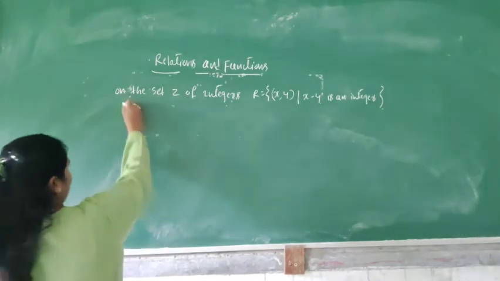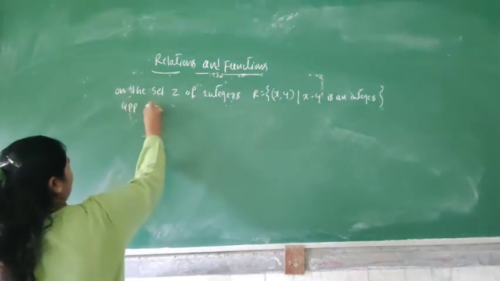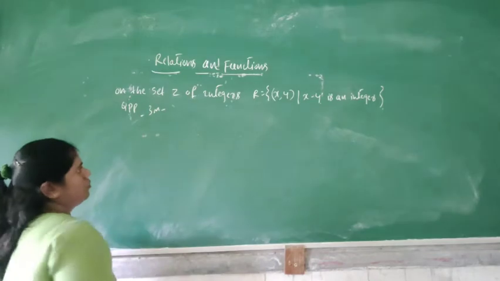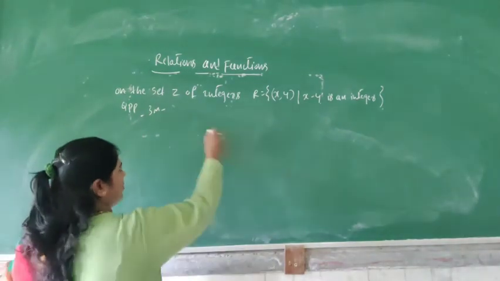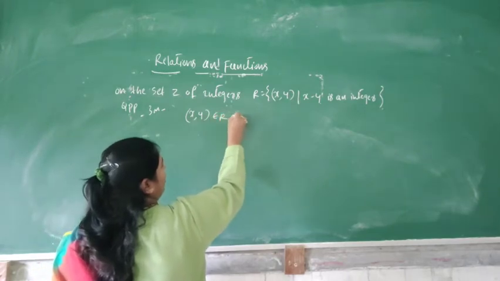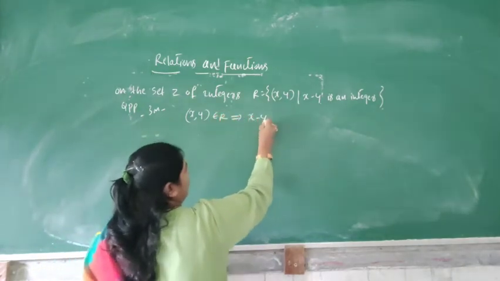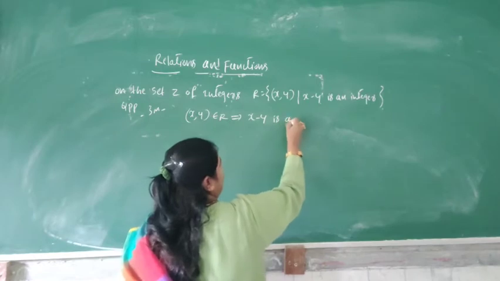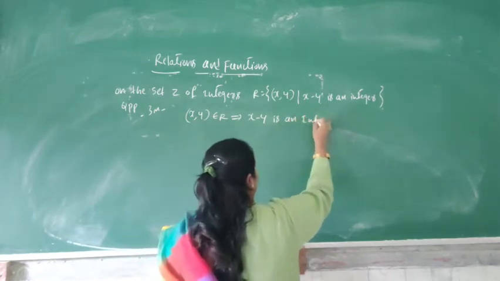It is also a question paper problem for 3 marks. What do we have to write first? xy should belong to R implies x minus y is an integer.